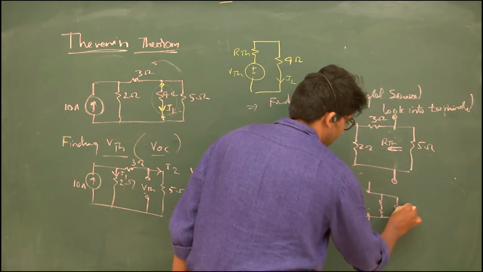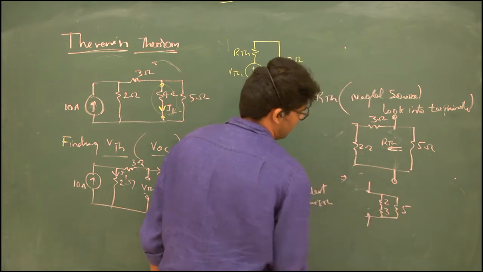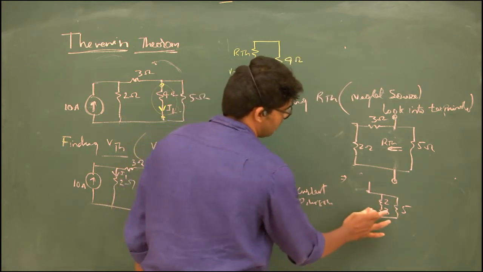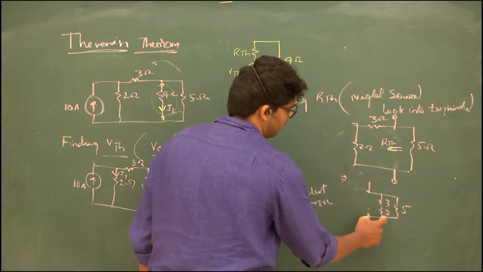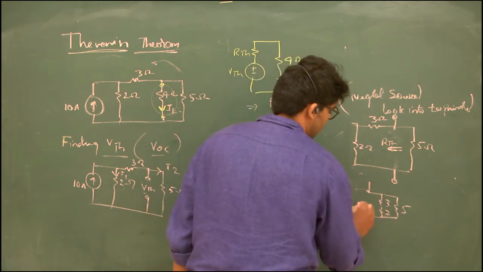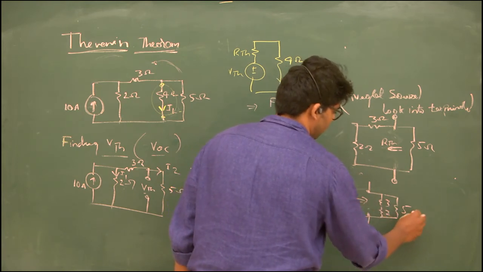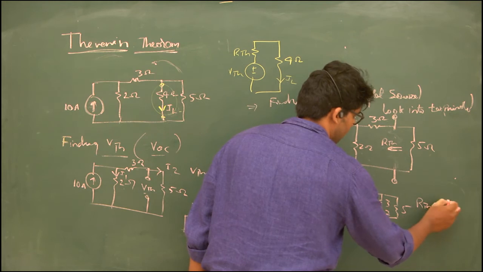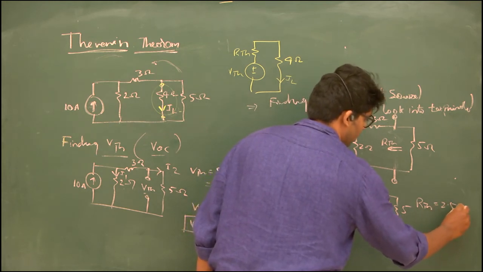This is the actual meaning. This is 2 ohms and this is 3 ohms. Okay. Sorry, instead of 3, 2. So 3 plus 2 is 5. Now this RThevenin is 5 in parallel with 5. Therefore, RThevenin, when equal elements are in parallel, is 5 by 2, that is 2.5 ohm.